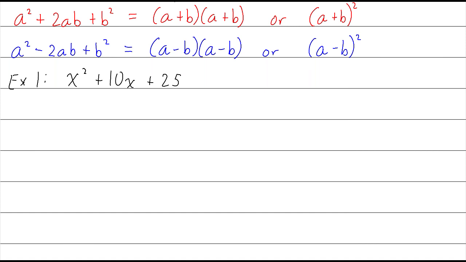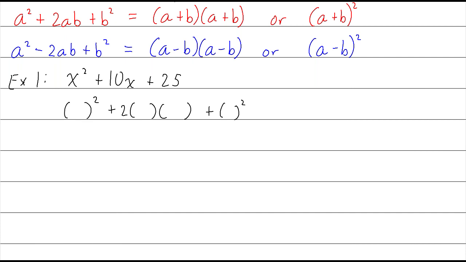This is one of those perfect square trinomials because it is something squared plus something multiplied like this plus something squared. If I can put terms into these blanks to represent the original trinomial, then I have a perfect square trinomial. So what do I have to put in there?